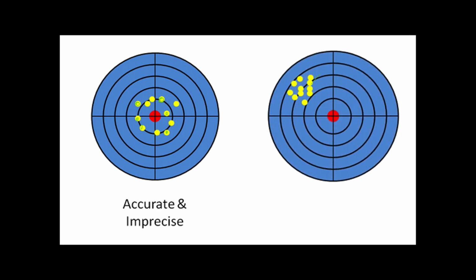Are the obtained values close to your target value? Are the obtained values near to each other? So this data suggests only precise but inaccurate results. How about this one? So this figure shows no accuracy and no precision.